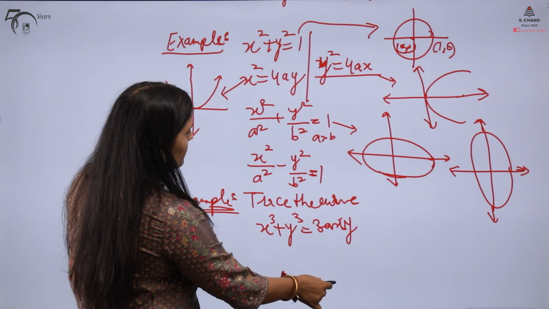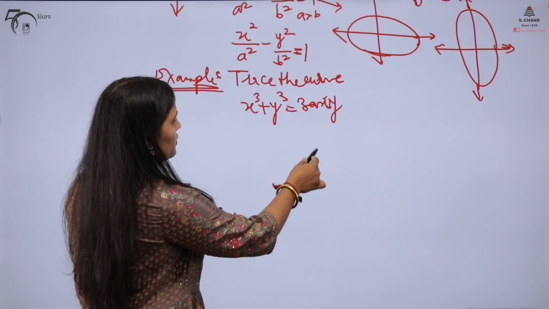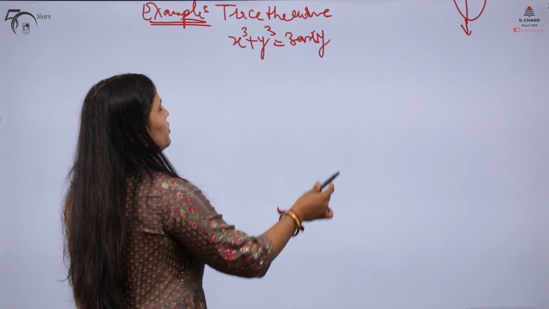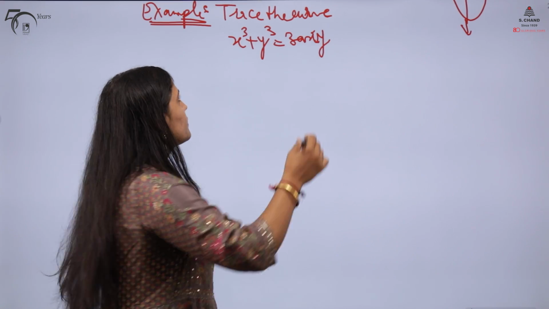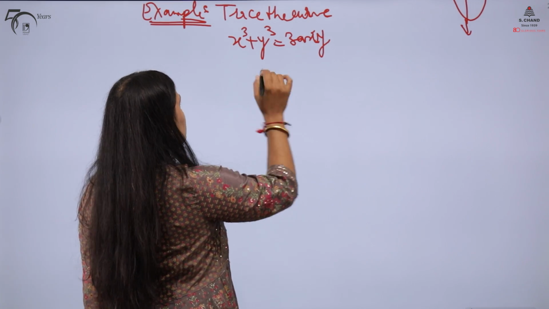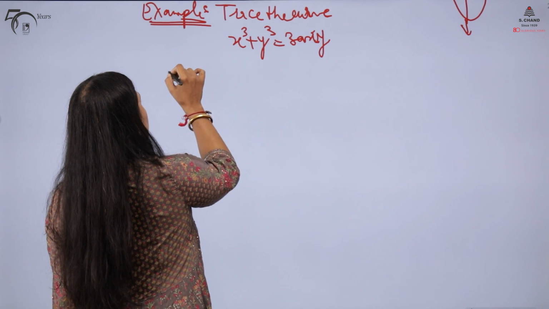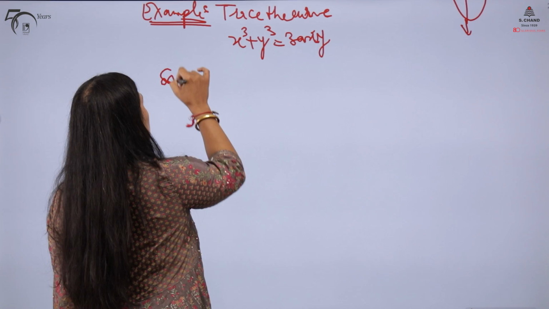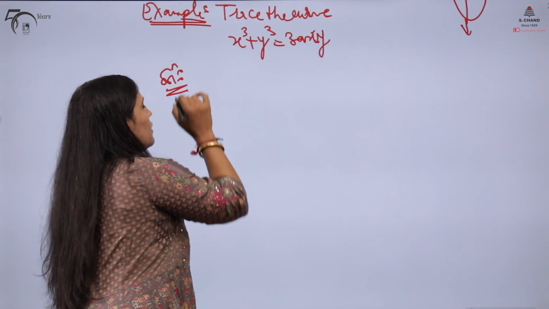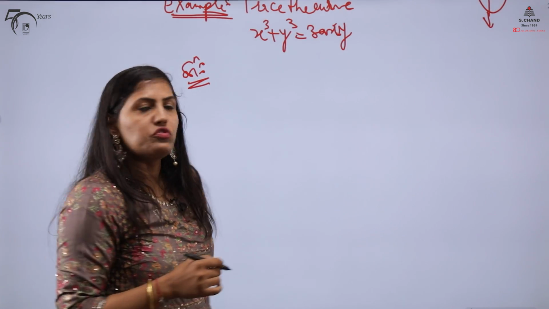Now you can see the example which we were discussing, which I gave you before the break. Now I will discuss this. First we calculate all the points, then we will start drawing. For the solution, the first point was symmetry.